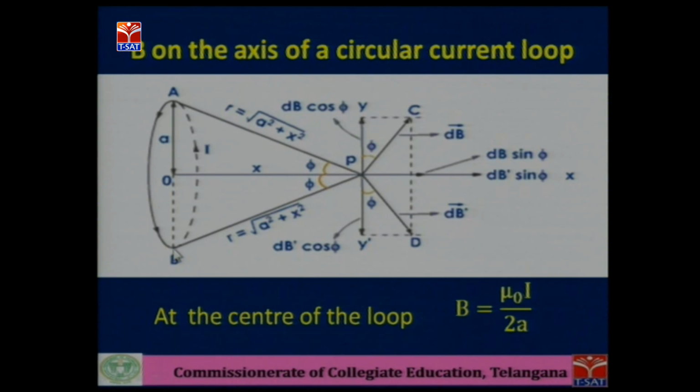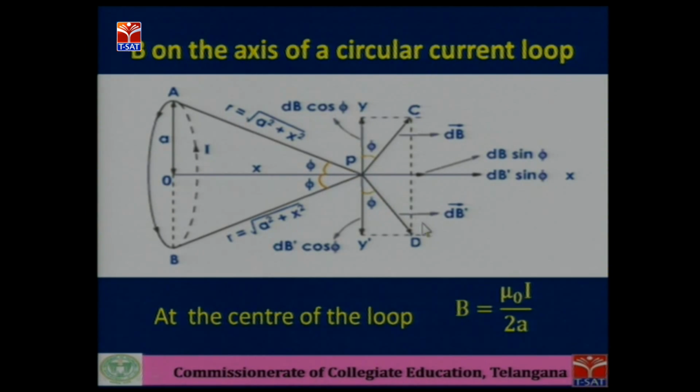If the length element is at the point B, then at the point P, the magnetic field will be dB, along the direction PC. And what is the distance between A and P? According to the Pythagoras theorem, R is equal to the square root of a square plus x square. And this magnetic field can be resolved into two components, that is dB sin phi and dB cos phi, where phi is the angle it is making with the vertical axis.